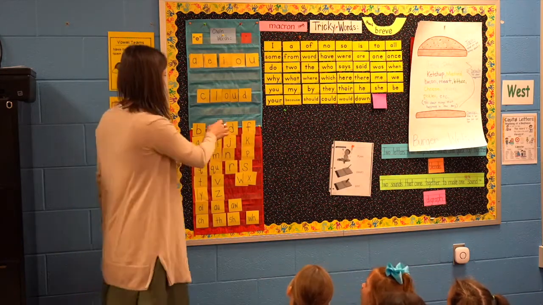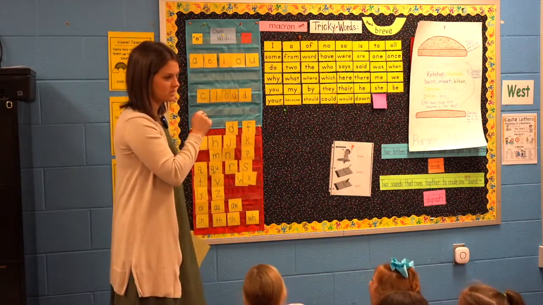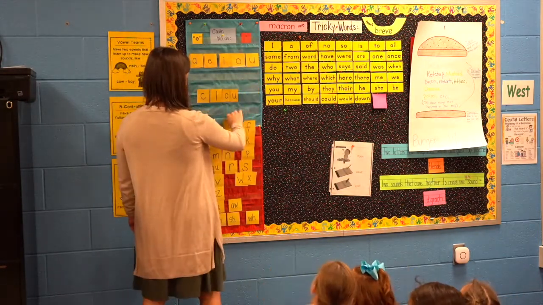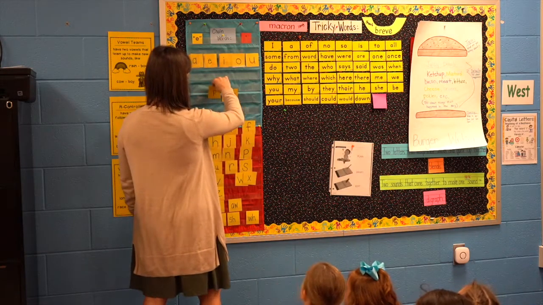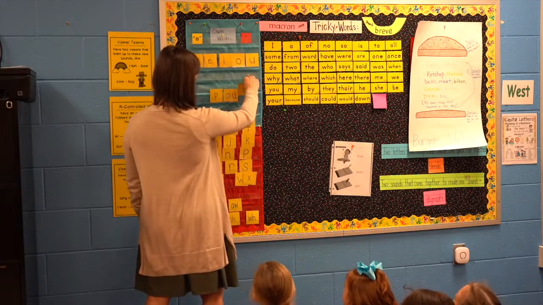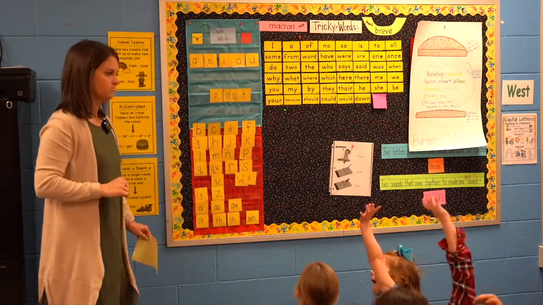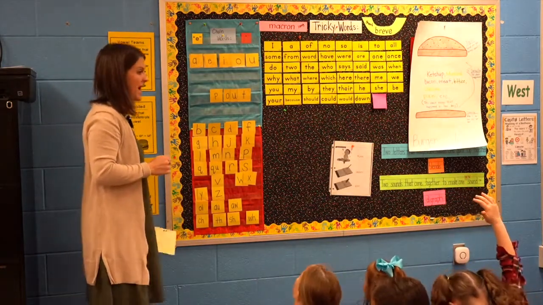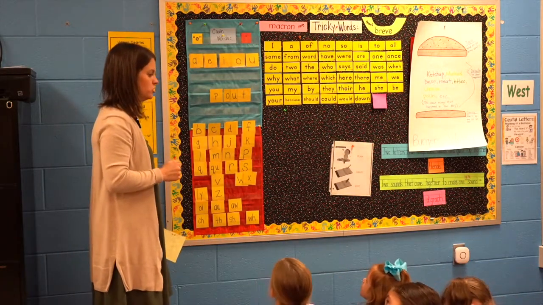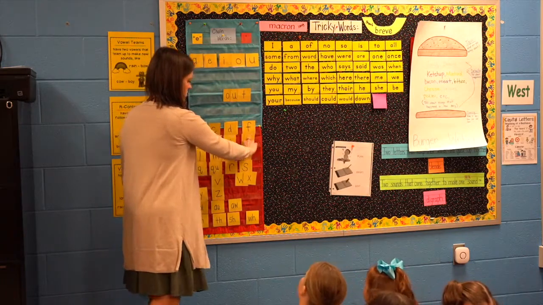All right, let's do a couple more. I'm going to keep OU for a second, but I want you to see if you can tap the word. Here we go. What do we have? Grayson? Pout. OU. What if I took this away?